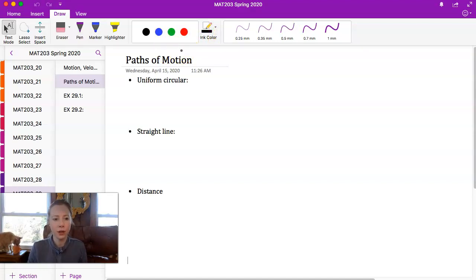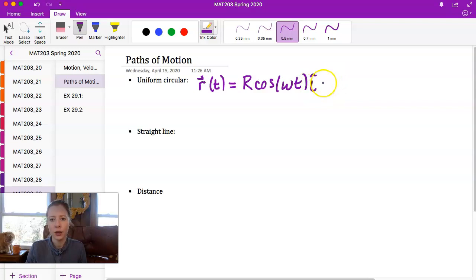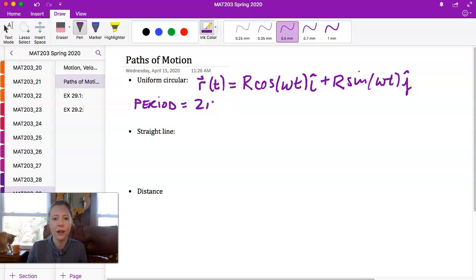With uniform circular motion, the position vector as a function of time is going to be equal to r cosine omega t for the i hat component plus r sine omega t for the j hat component, where a period is defined as 2 pi divided by omega. So let's take a look at this.